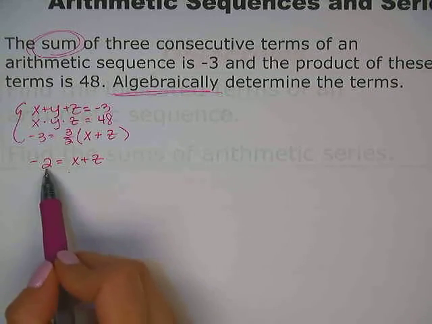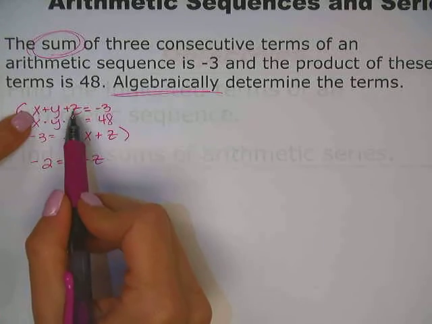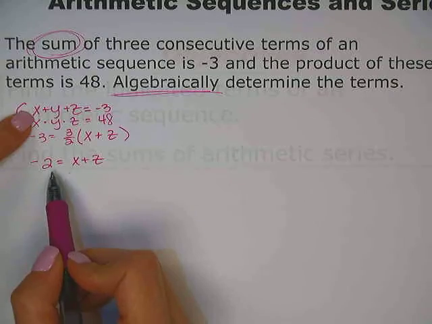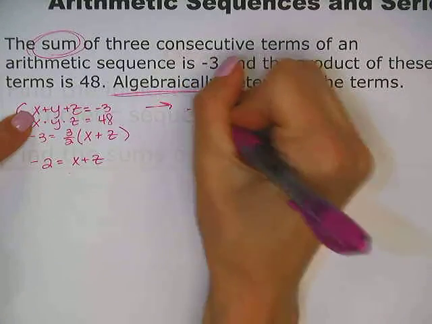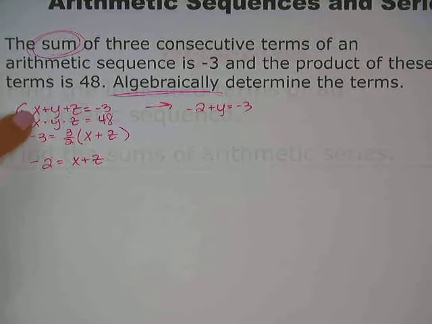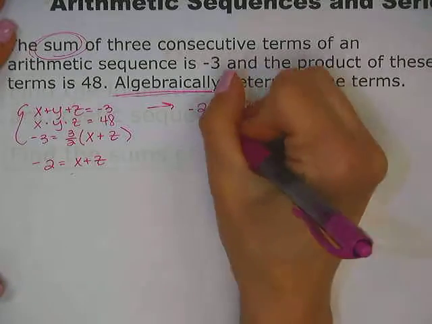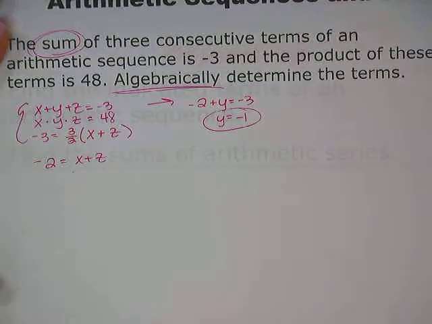X plus z is negative 2. So if I substitute, I get negative 2 plus y equals negative 3. And yep, you got it. Y is therefore negative 1. So already we have one of our variables solved for.